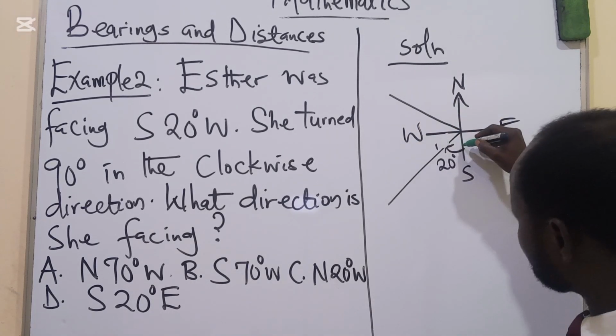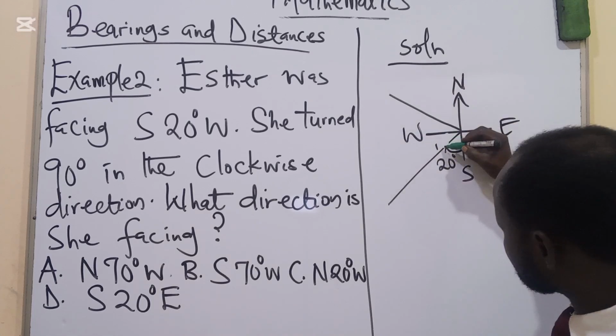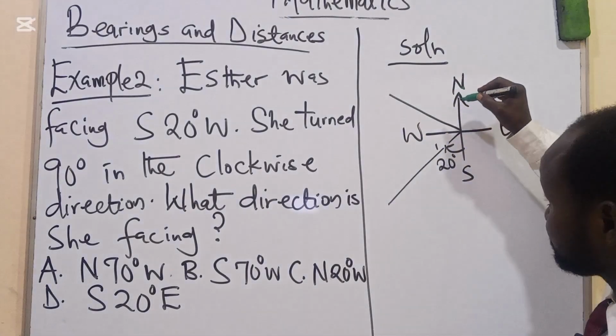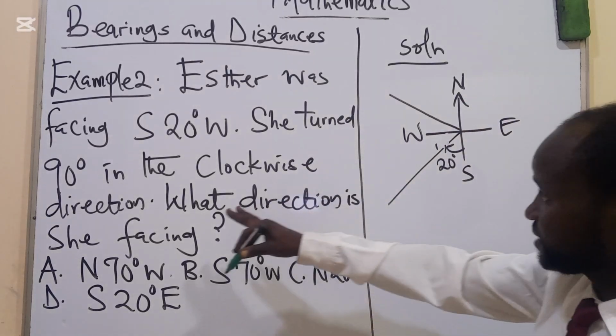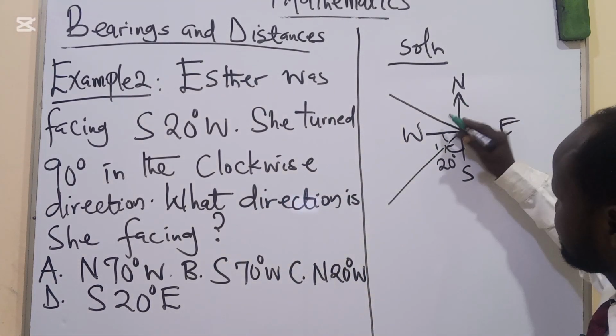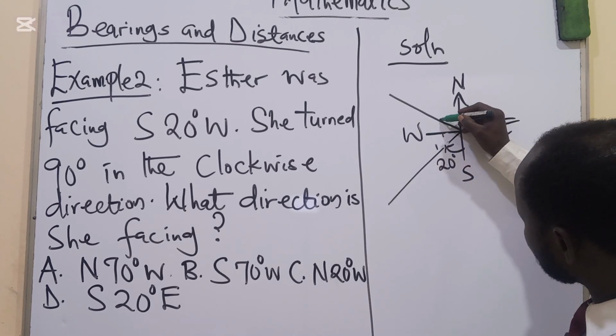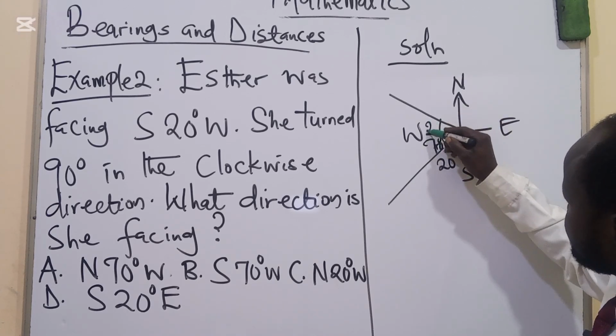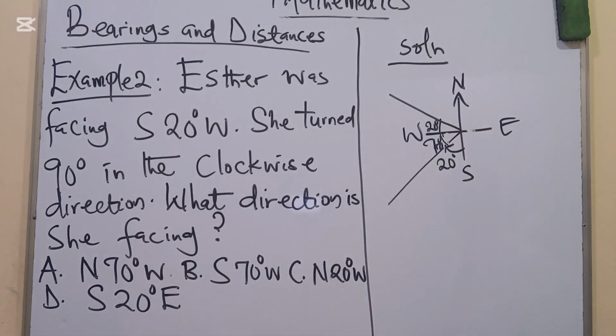When she stopped here, she keeps moving in this direction. That's what it means for 90 degrees. So here is already 70, so we need an additional 20 here. So it will be something like this. Here is 70, then here is 20 degrees.